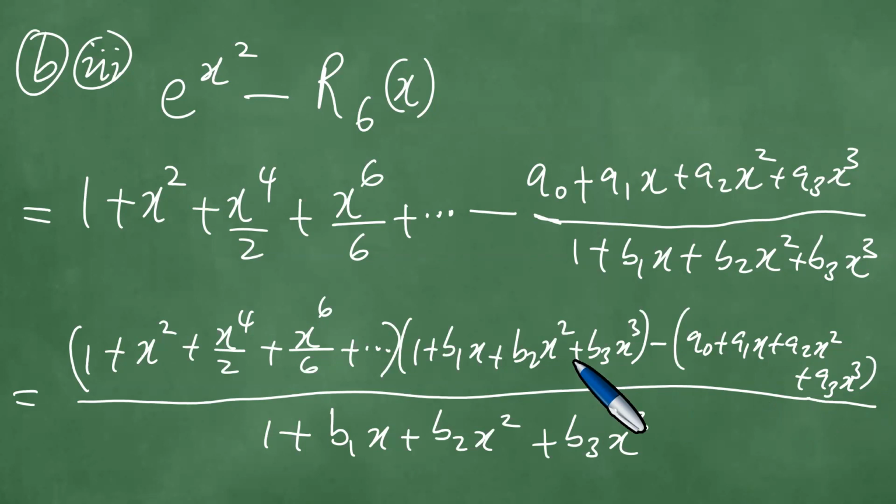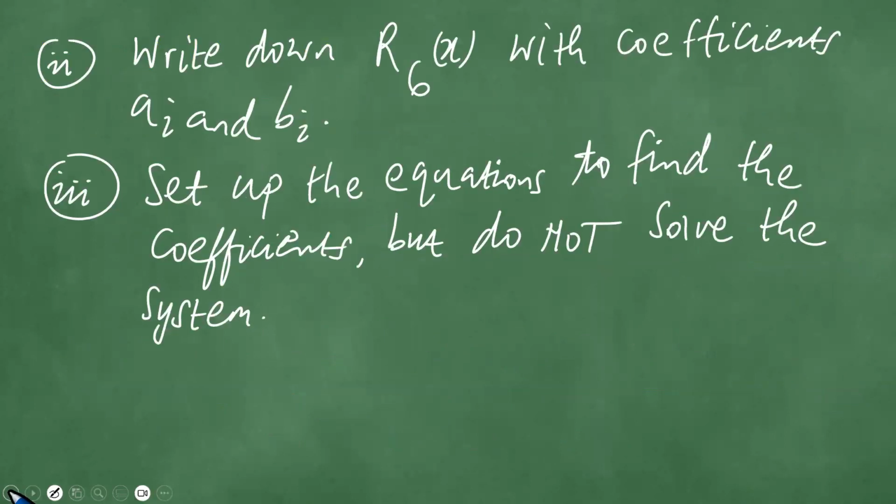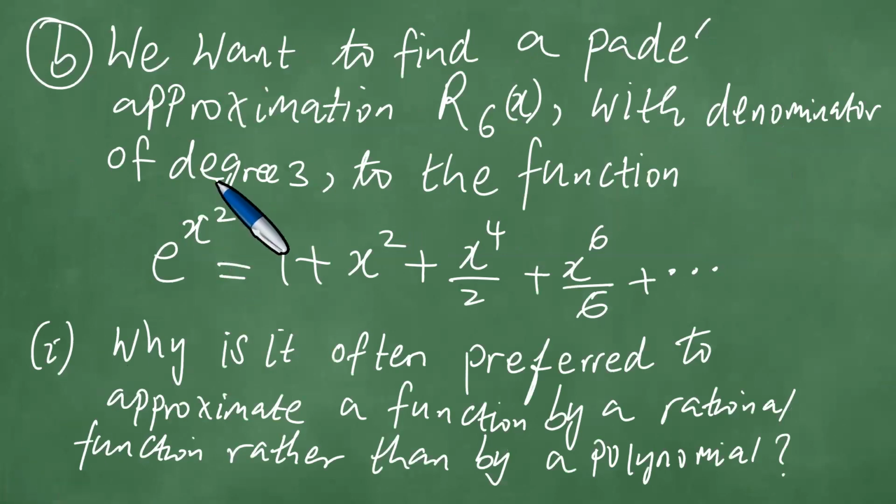So now, if you look at these carefully, we want to set up the equations to find the coefficients, but not solve the system. What we want to do, in a series of steps, is find the Pade approximation R6 of x with the denominator of degree 3 to this function.